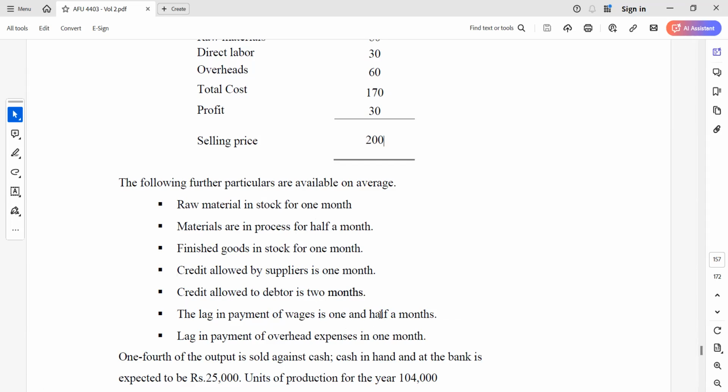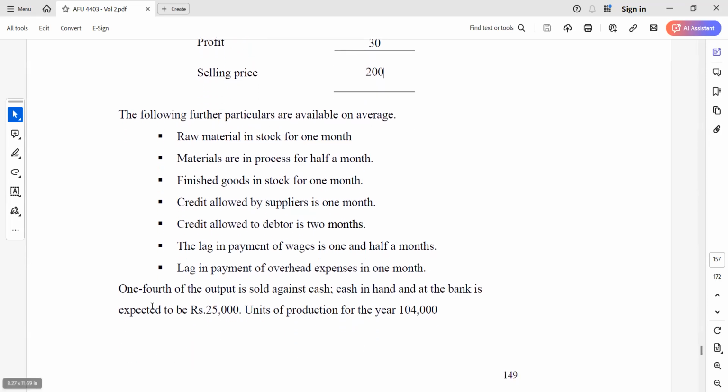Then 1.5 months of salaries are payable. So there's a delay in payment of wages, 1.5 months. That's our current liability. Overhead expenses are one month in arrears. Then you have cash in hand and cash at bank, 25,000.